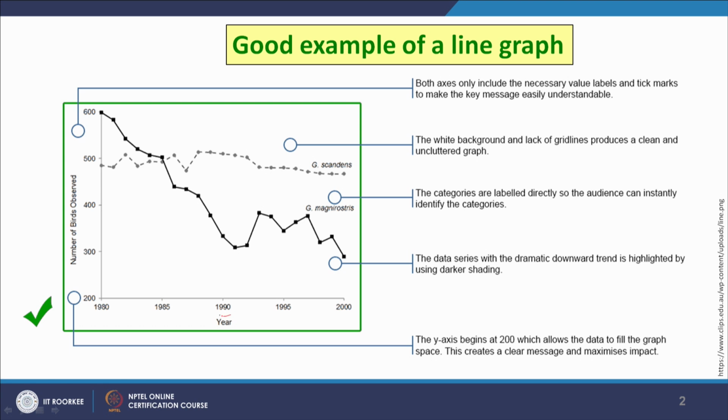Here in this example we have year on the x axis and number of words observed on the y axis. Since our values vary between 200 to 600, the 0 has not been kept, because if we keep the 0, everything below 200 will remain blank or empty and that does not look nice.